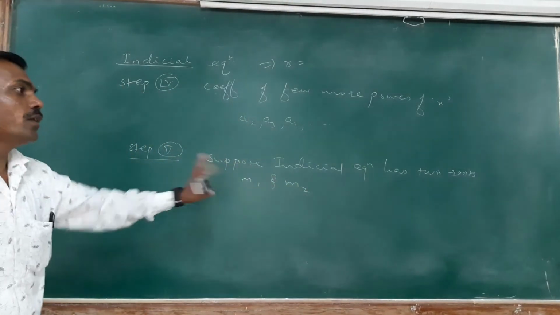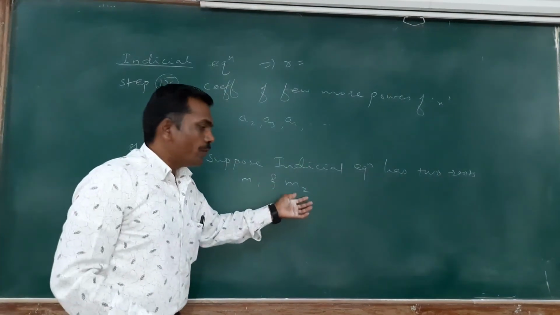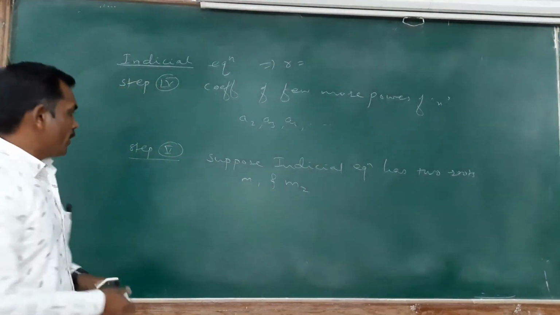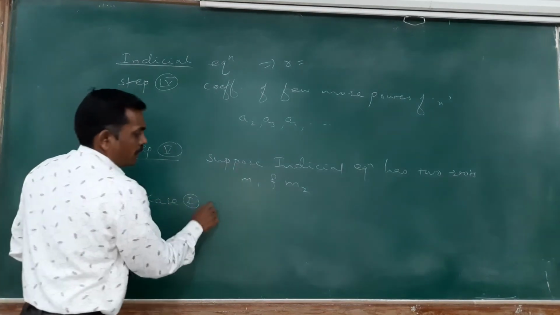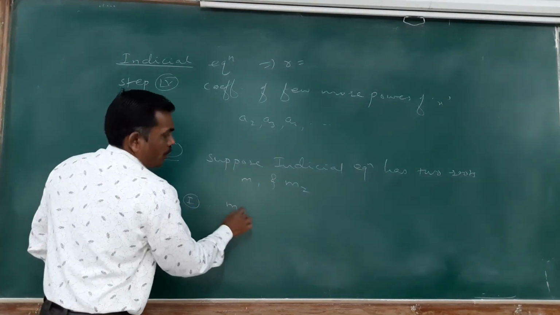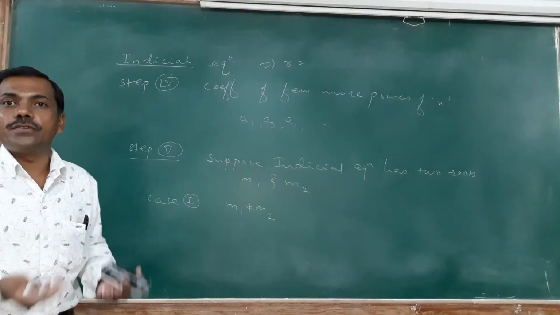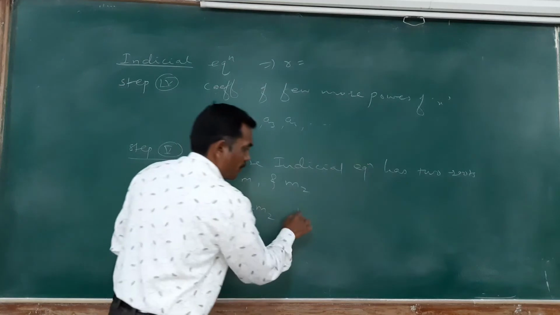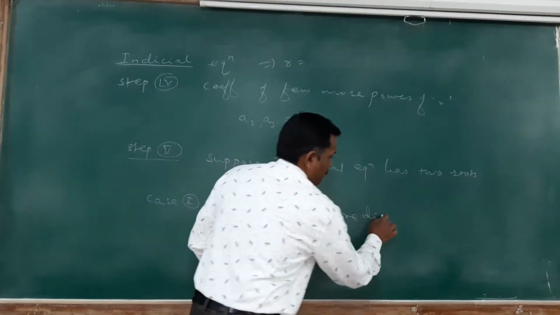These are the two roots, and depending on these two roots, we write the solutions. Our first case is m1 not equal to m2, so the roots are distinct.